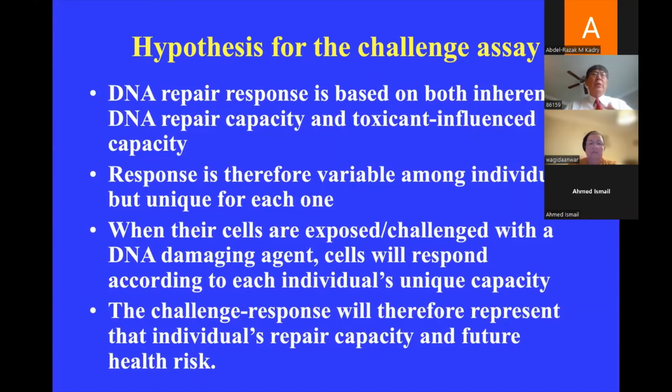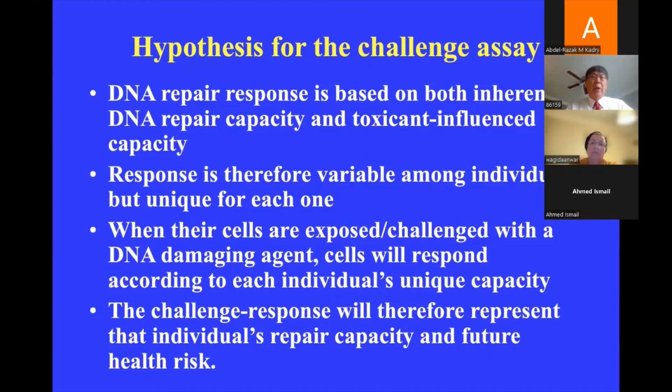Well, we take the lymphocyte, grow them in culture, and I will tell you a little bit more about that. When the cells are exposed or challenged with a DNA damaging agent, the cell will respond according to each individual's unique capacity. Now, if one person has lower repair, inherent or toxicant induced, when we challenge the cell, the cell would do poorly in the repair as compared to one who has very good repair capacity.